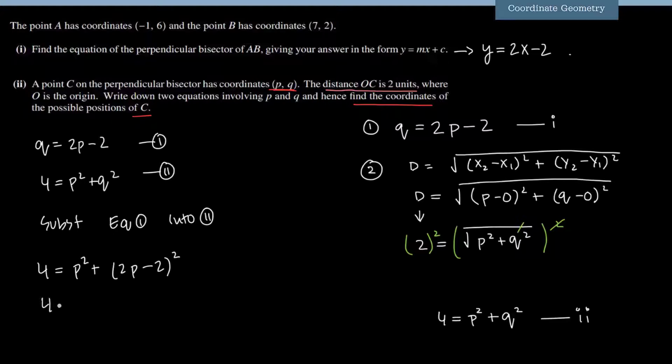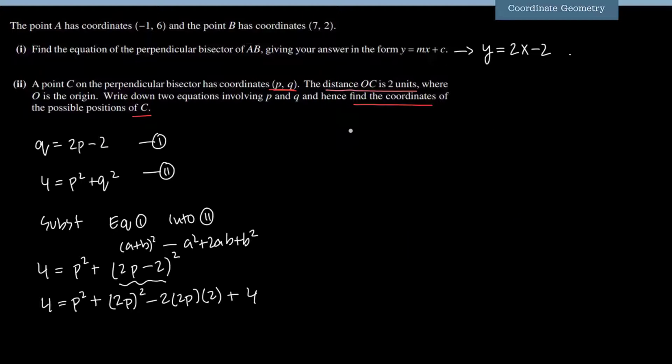Expanding this using the formula of a plus b whole square, that is a square plus 2ab plus b square, I'll get 2p whole square minus 2 times 2p times 2 plus 2 square, which is 4.